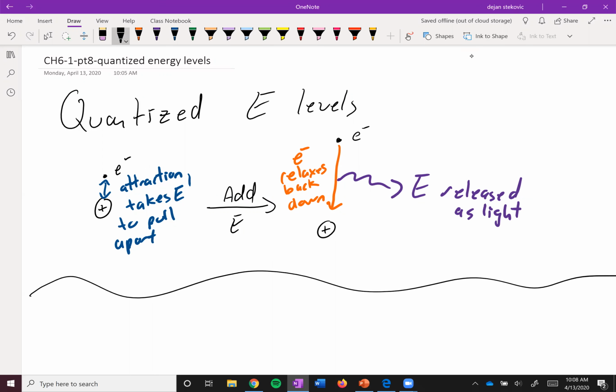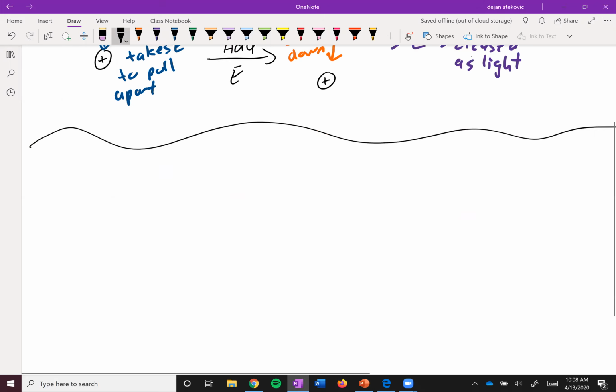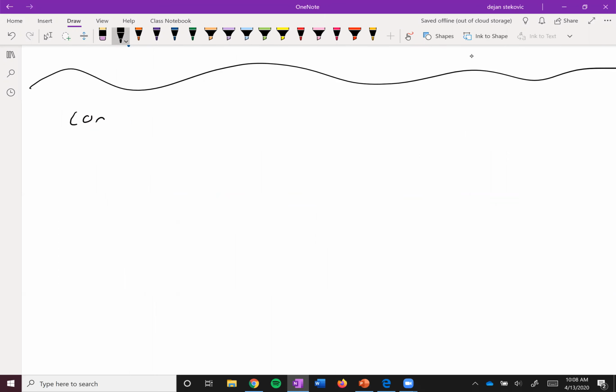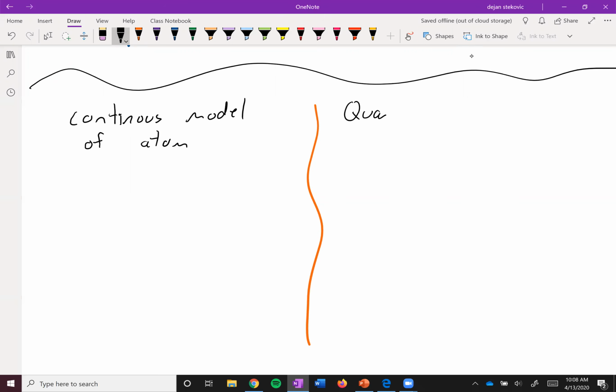So let's take a look at whether these electrons' energy levels are continuous or quantized. So on the left here, we'll say a continuous model of an atom. And then on the right side here, we'll say the quantized model of an atom.